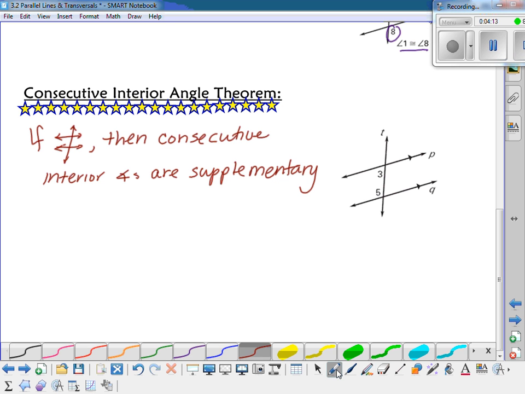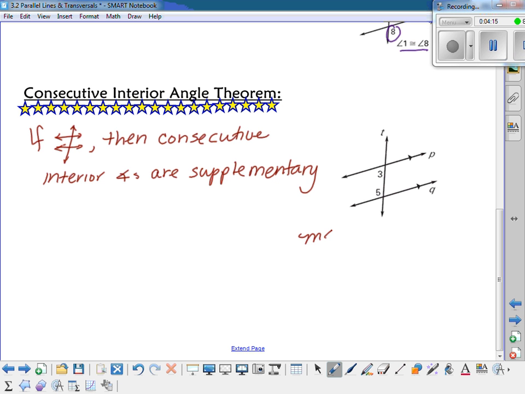So the measure of angle 3 plus the measure of angle 5 would have to equal 180, because of the consecutive interior angle theorem. So that's the one that's different. All the other ones are congruent, but if they're consecutive interior, then they are supplementary.